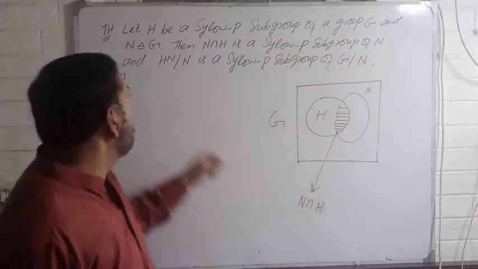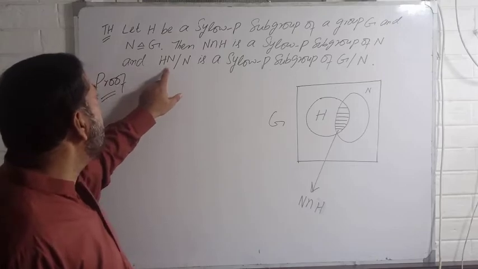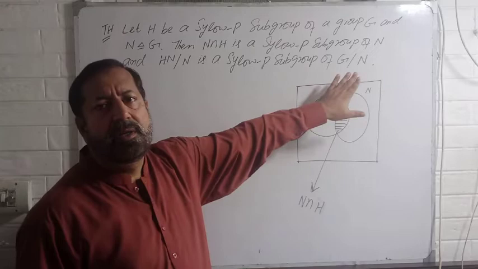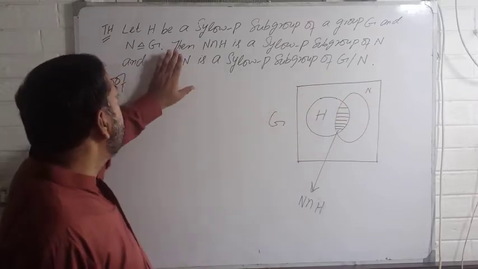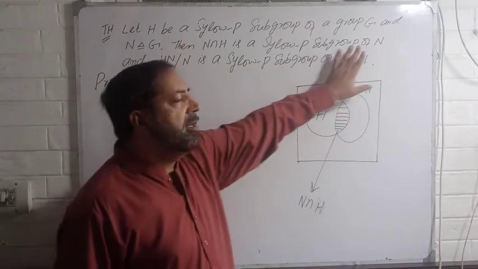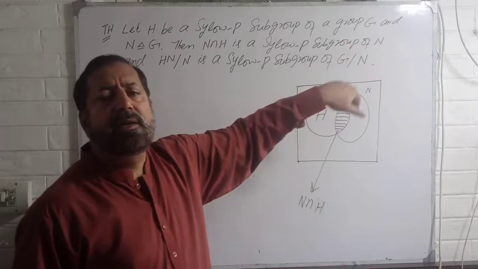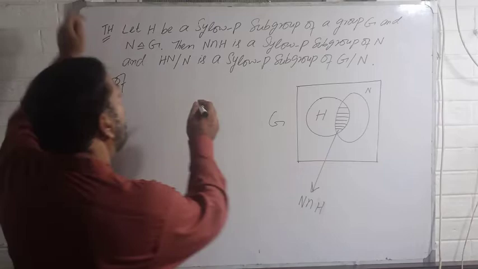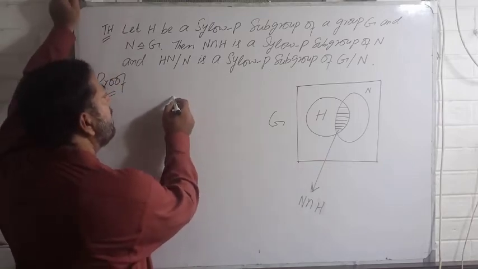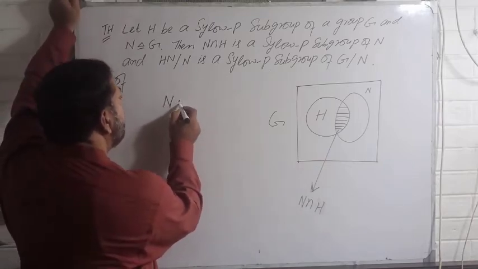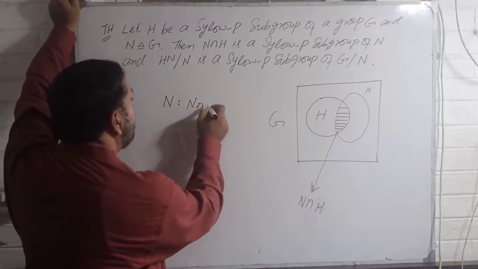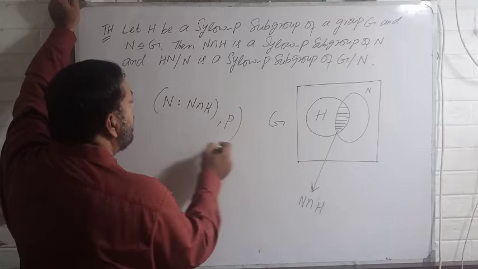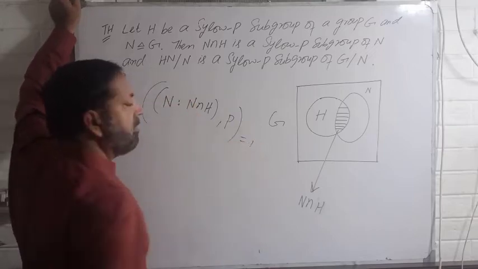You can see the diagram. And HN by N is a Sylow-p subgroup of G by N. Again you have to show that the index of this in G by N is prime to p. So here you have to show one thing: that the index of N intersection H in N and p are relatively prime.